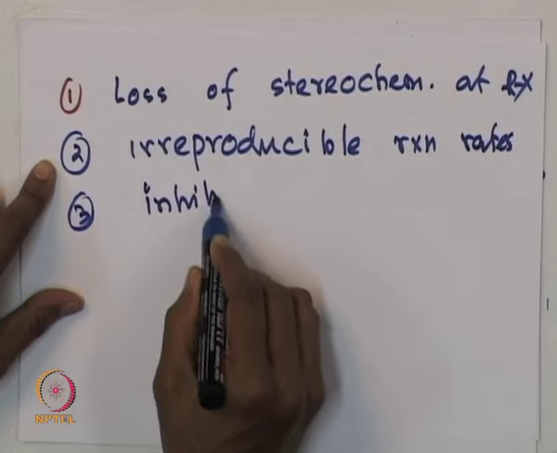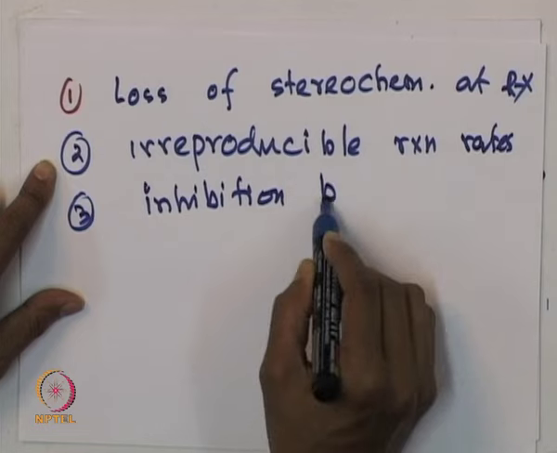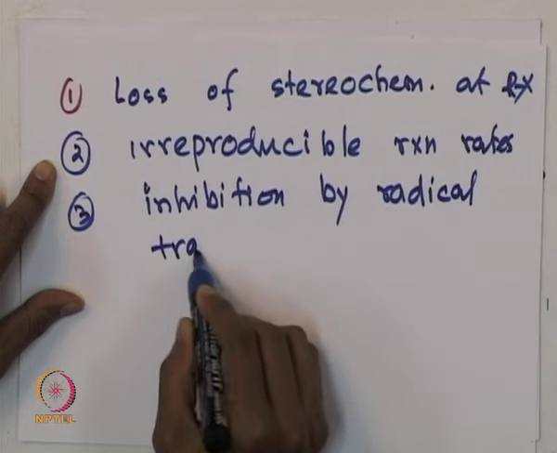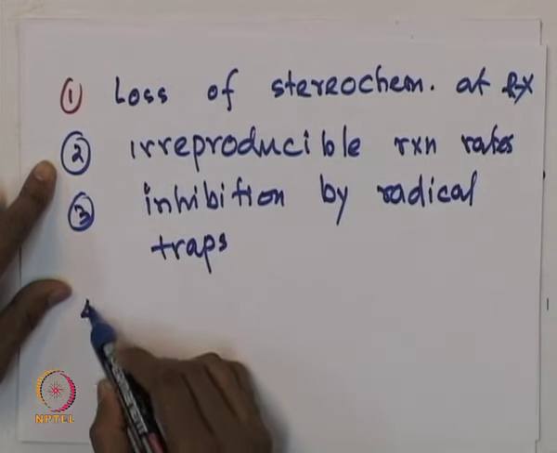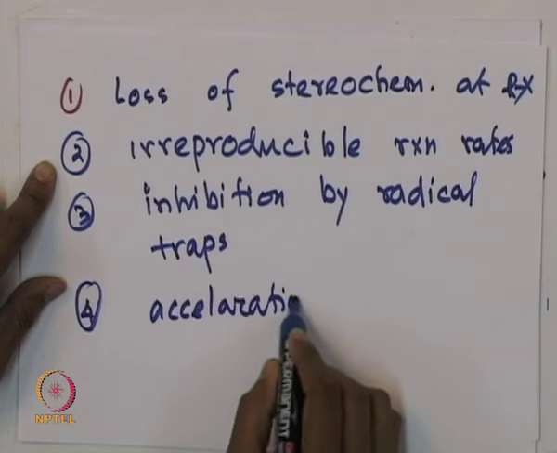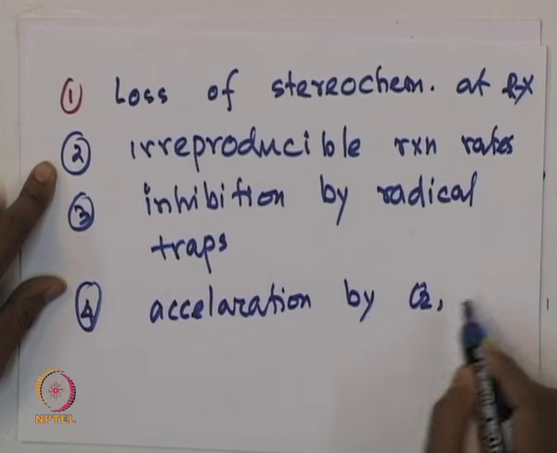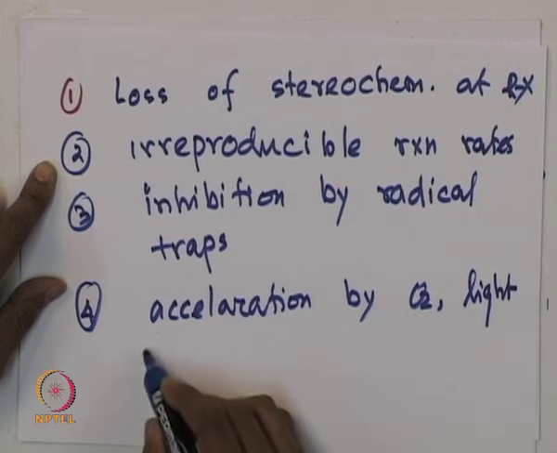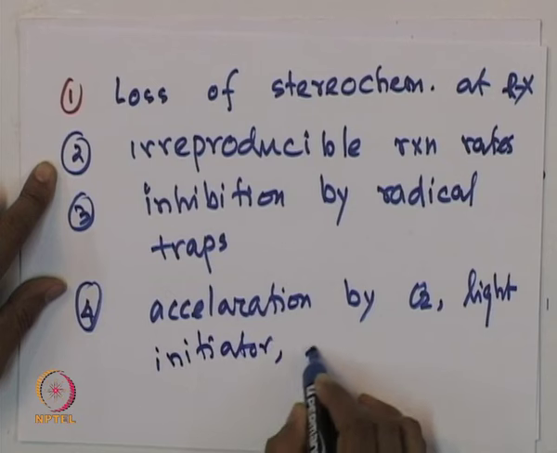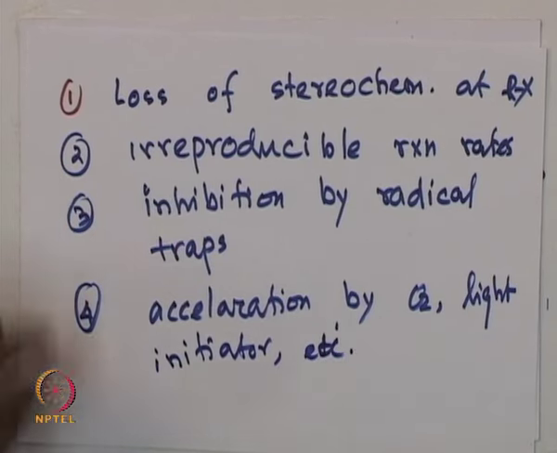Inhibition by radical traps, and finally, we can also expect acceleration by oxygen, light, other initiators, etc.